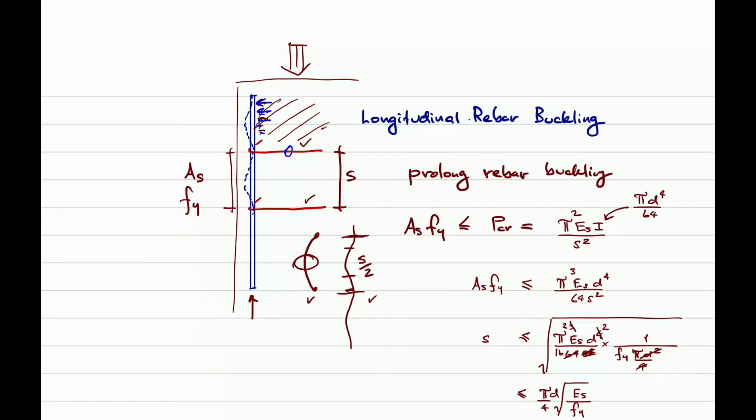So concrete pushes the hoops out, the hoops are under tension up to the ultimate condition, hoops break, and you will see the rebar buckling clearly. So it prolongs because you don't want that to happen at an early stage, but at this ultimate state it is unavoidable.